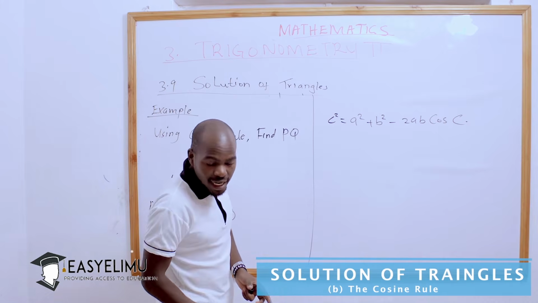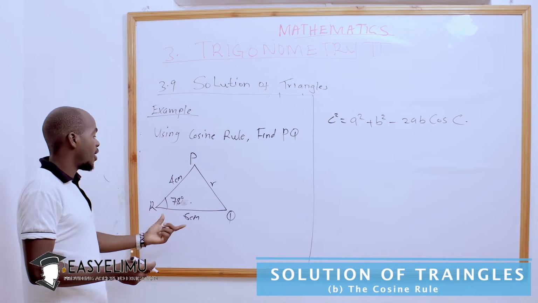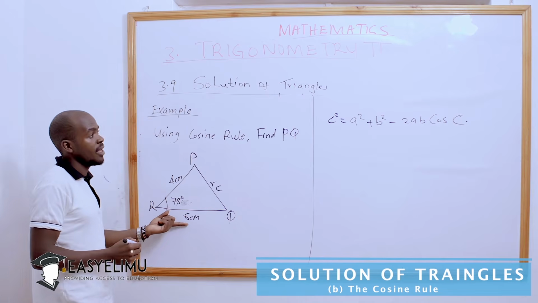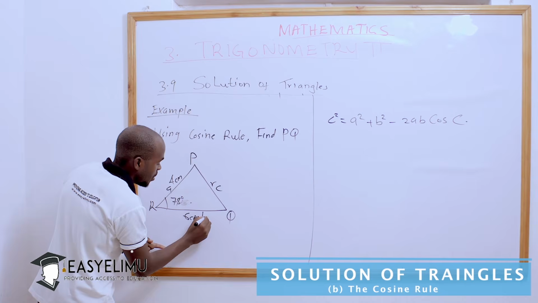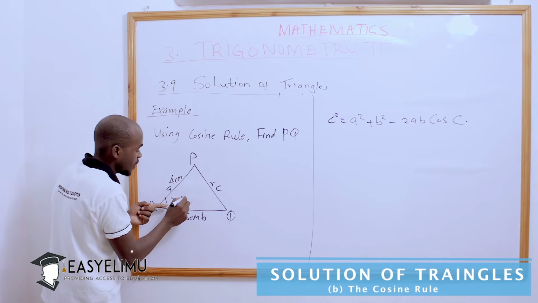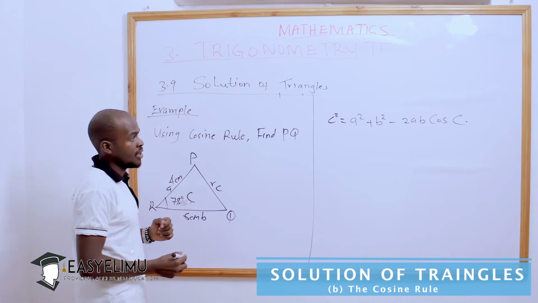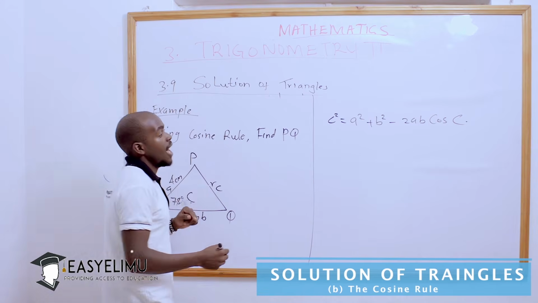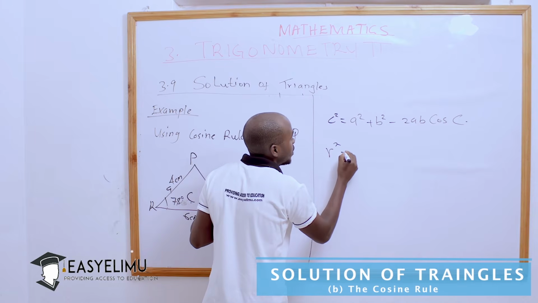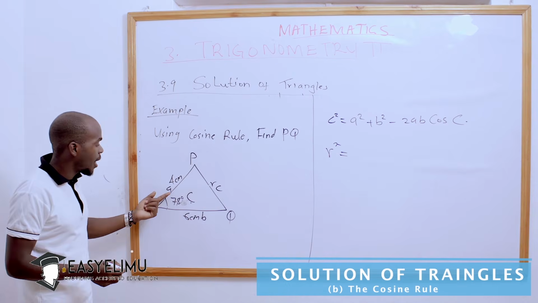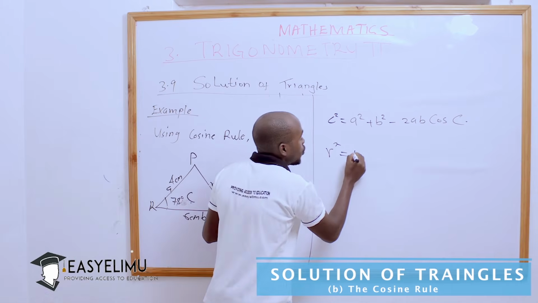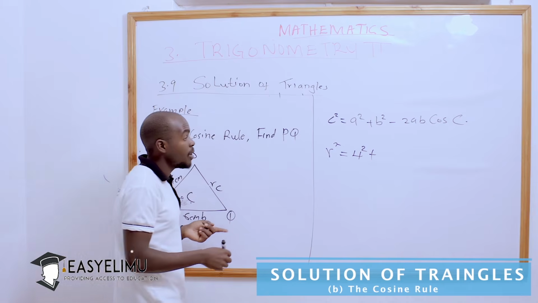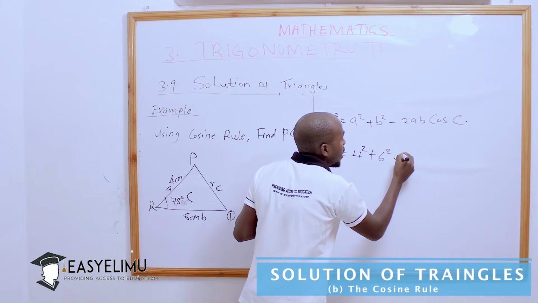Now, if we relate that general formula with our triangle here, we might call this side c, this side a, this side b, and then we give this angle C. So with that reference, c is r, so r squared is equal to a, but our a is 4, so we are squaring 4, squared, plus b squared, and our b is 6, so 6 squared, minus 2.